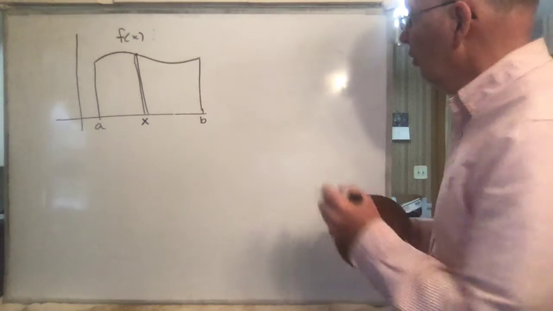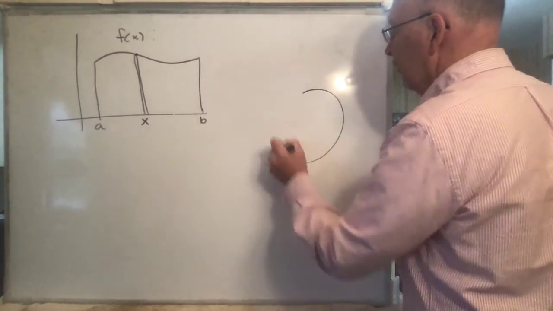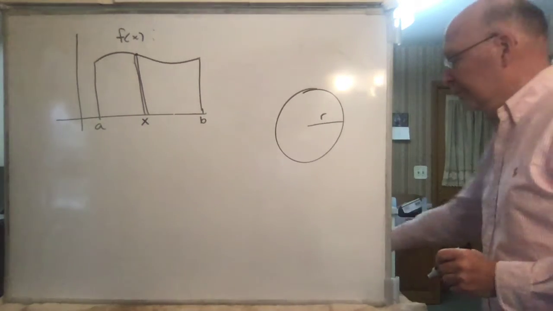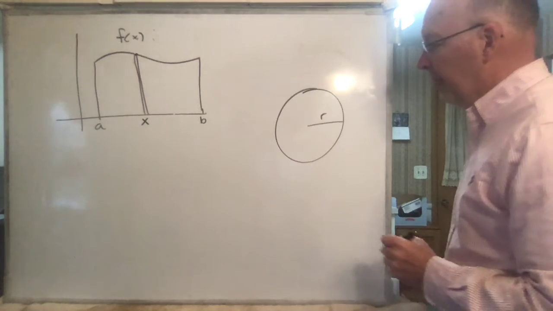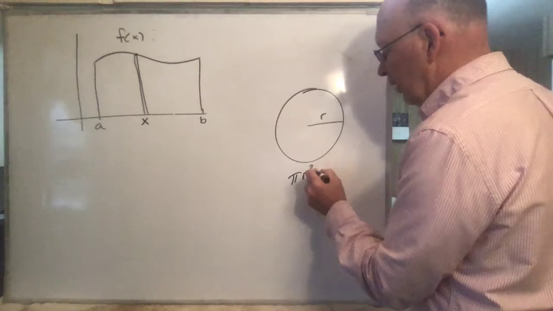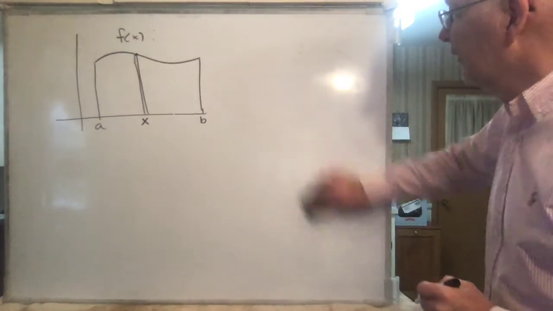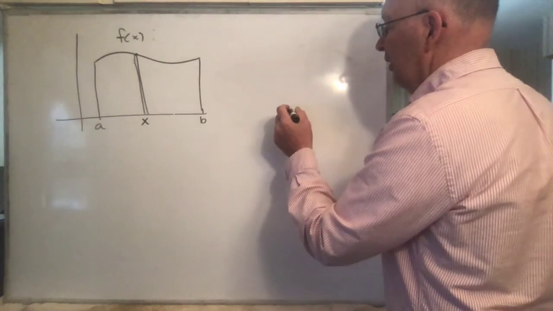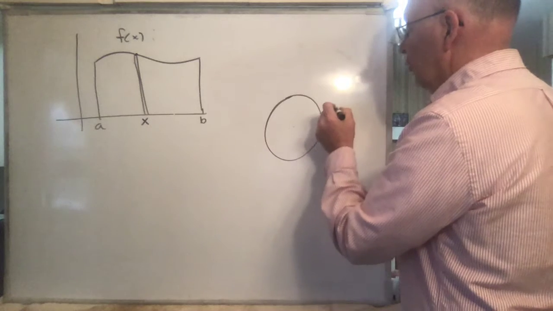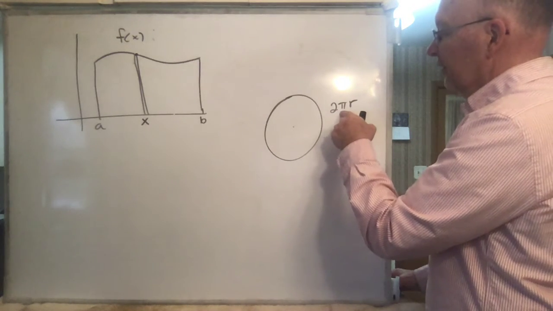Well, to get the volume of it, let's just first ask, what's the area of a circle? If you have a circle of radius r, then the area of that is pi r squared. Why is the area of a circle pi r squared? Well, by definition, the circumference is 2 pi r, where this is in radians.